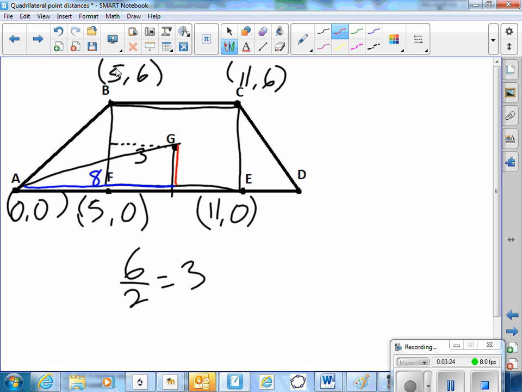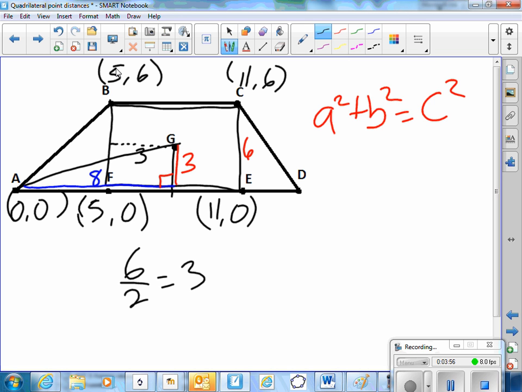Well, we know that it's 6 high. E to C is 6. So G is only halfway up, so it's only 3 units tall. So a triangle that has one side of 3, one side of 8, and is a right triangle, we can say a squared plus b squared equals c squared.